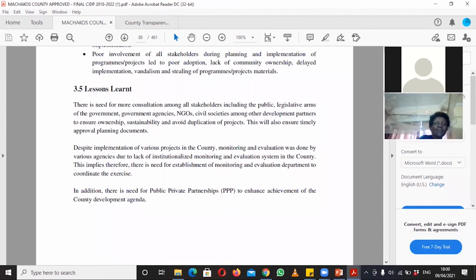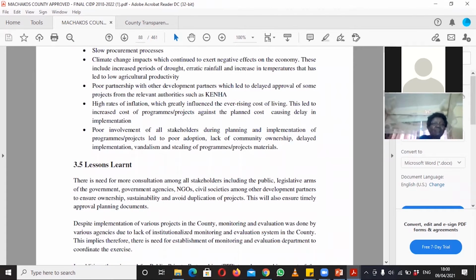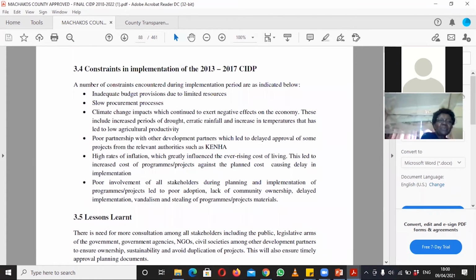How can you have a poor relationship and you bring it out? It means you have an issue. Poor partnership with other development partners. And what can it have to do with road building? So where is the poor relationship coming in?